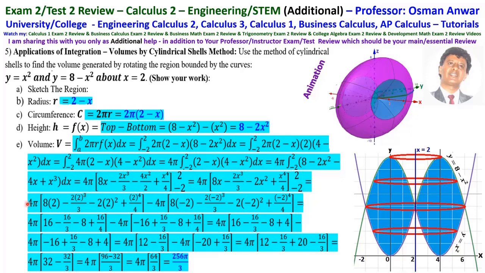So that is 4 pi times (8 times 2 minus 2 times 2 cubed over 3 minus 2 squared plus 2 to the 4 over 4) minus 4 pi times (8 times minus 2 minus 2 times minus 2 cubed over 3 minus 2 times minus 2 squared plus minus 2 to the 4 over 4). When you do the rest of the details, which is arithmetic, the volume is equal to 256 pi over 3.